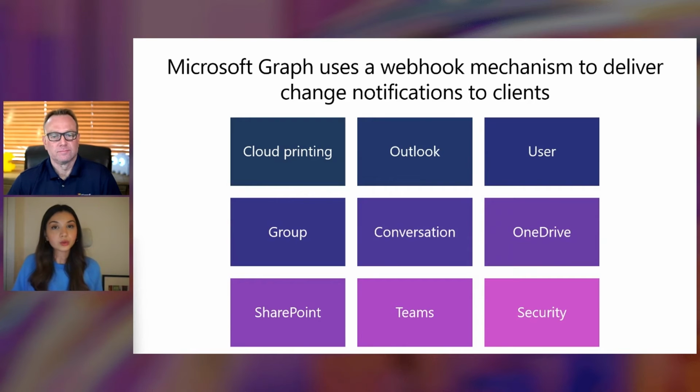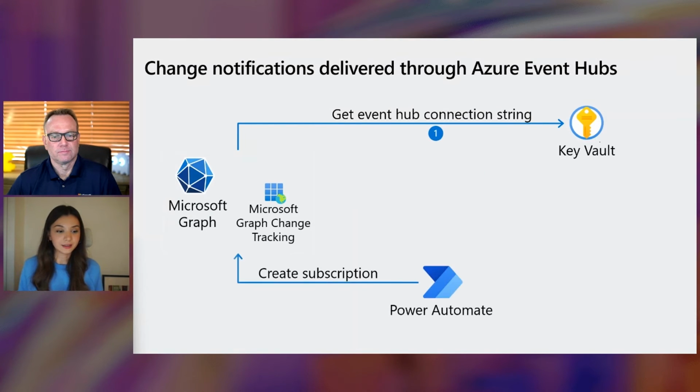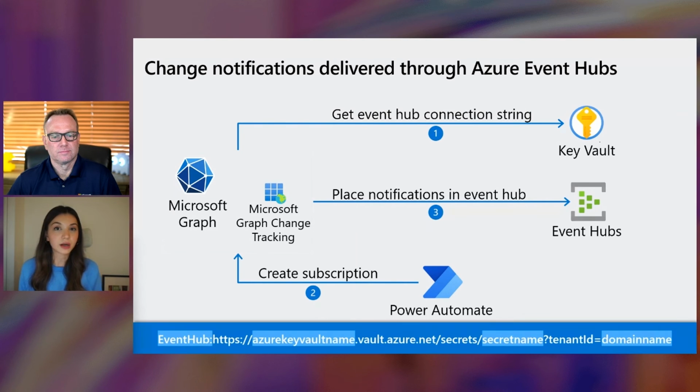Let me quickly walk you through how we build the presence changes in real time. So basically, first of all, to use Event Hubs together with Microsoft Graph change notifications, we will need Event Hubs first, and then we will need Key Vault. After we create Event Hubs and the Key Vault, we need to start tracking the changes.